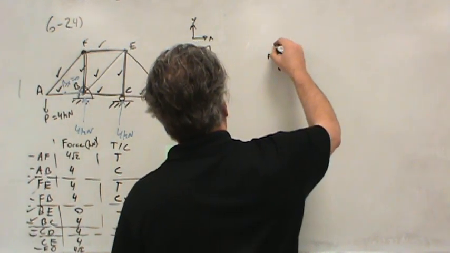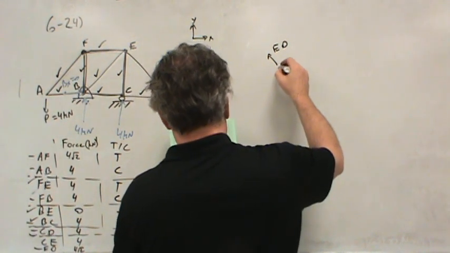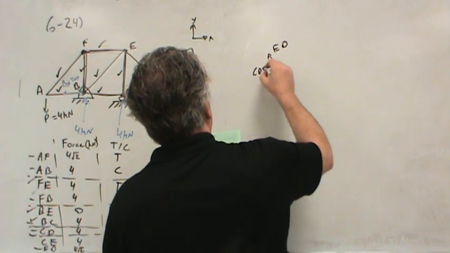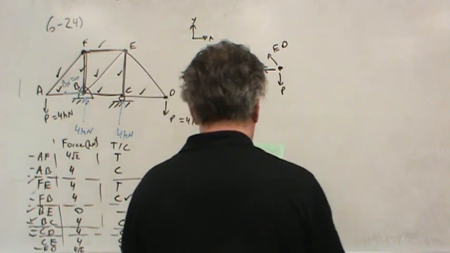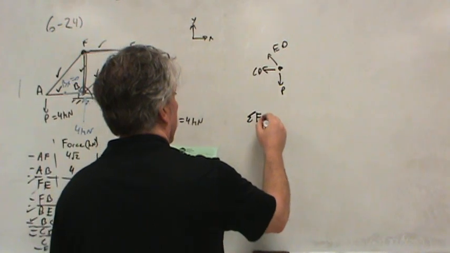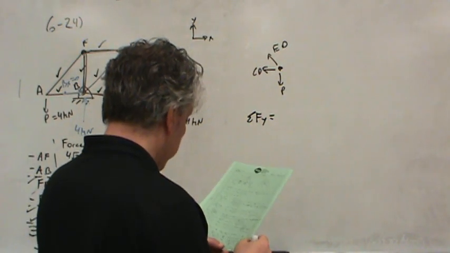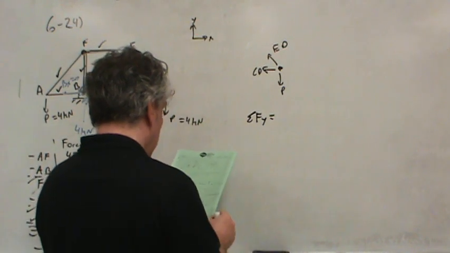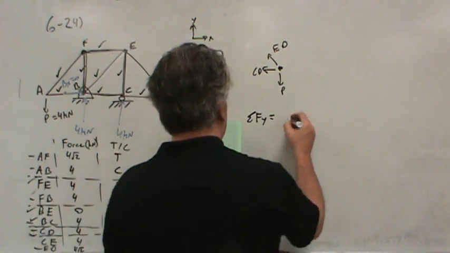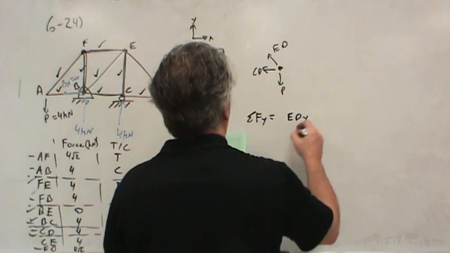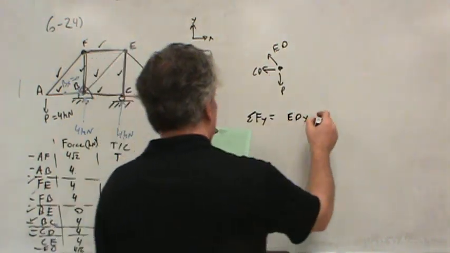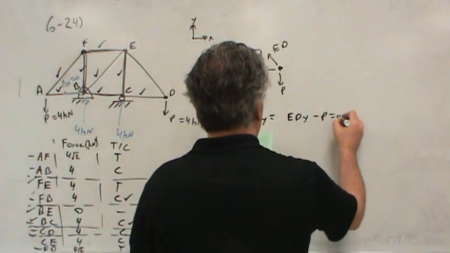So point D has ED acting this way, CD acting this way, and P acting downward. If we sum forces in the vertical direction, let's see, what do we get? We get EDY, the vertical component, minus P equals 0.